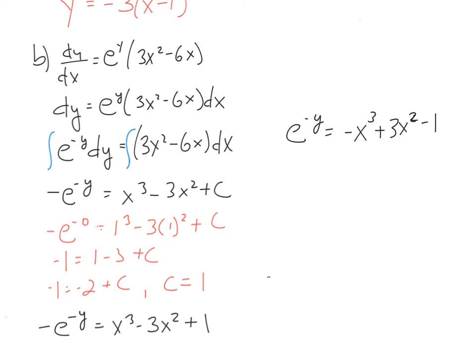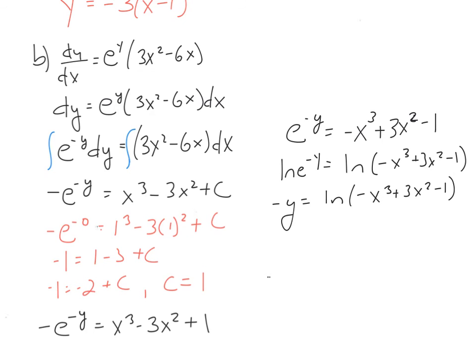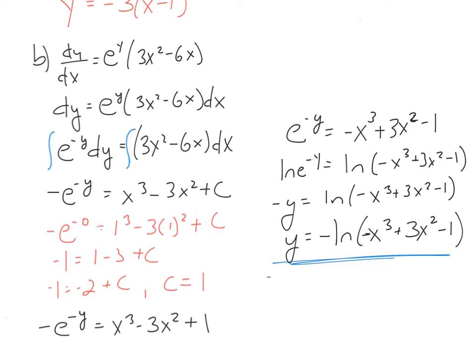And then I'll take the natural log, so we get negative y equals this stuff here. And then we've still got a negative here to take care of, so y equals negative natural log of (negative x cubed plus 3x squared minus 1), and that is our solution.